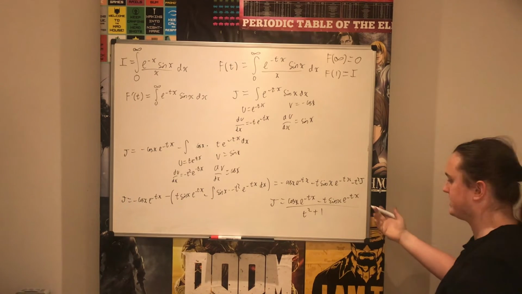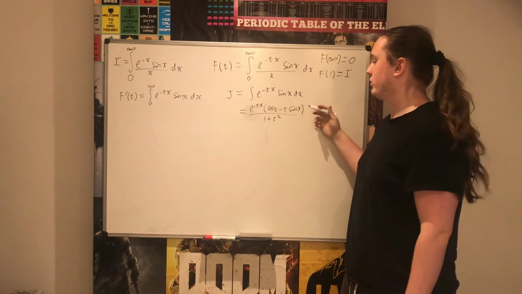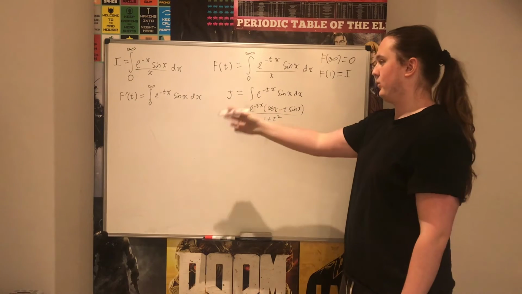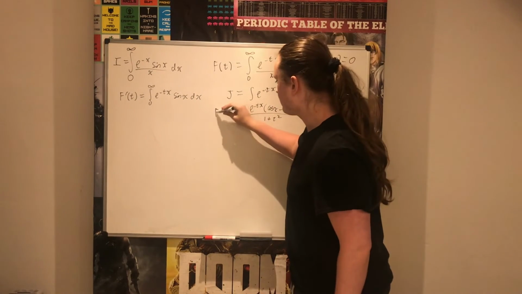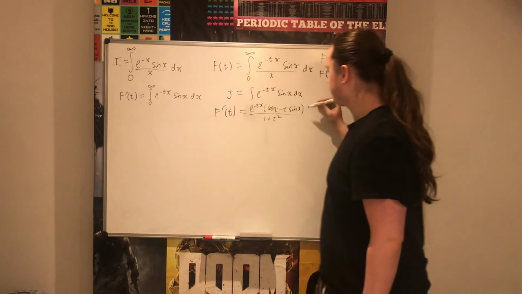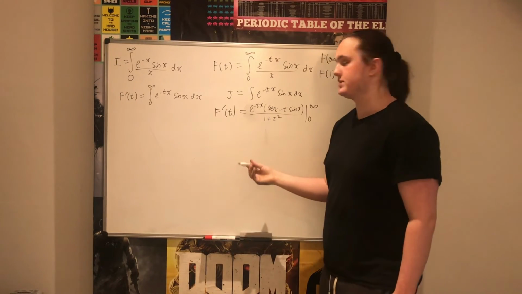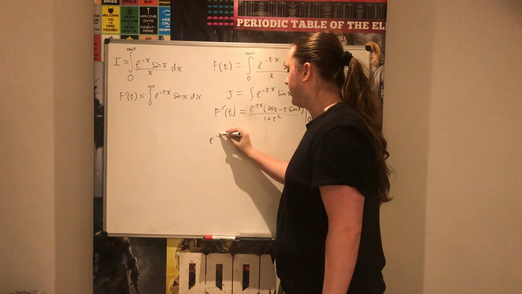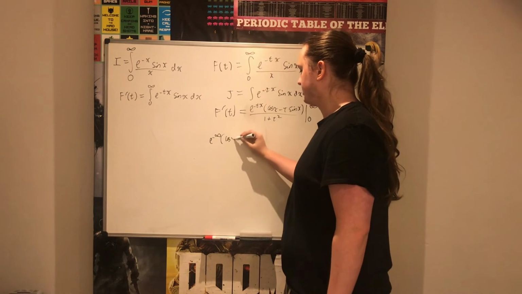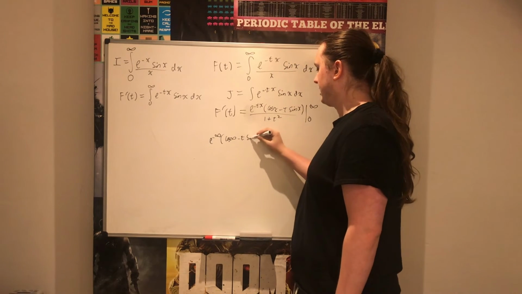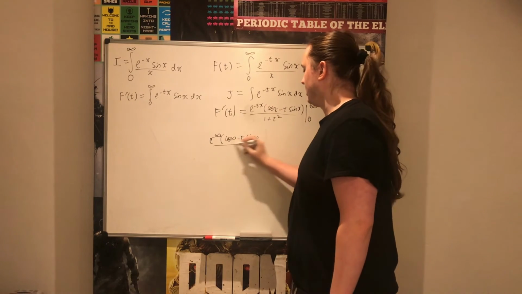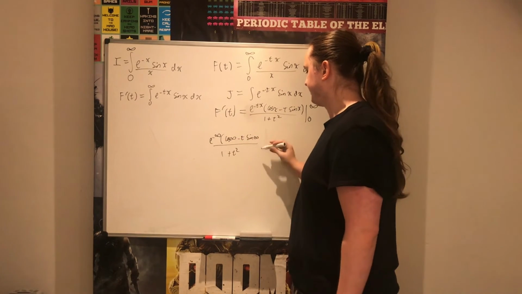So now I'll clear some space again. So now we've worked out what J is, we just want to work out what f prime of t is, which is just going to be this bounded from 0 to infinity. So when we plug infinity into here, we get e to the minus infinity cos of infinity minus t sine of infinity over 1 plus t squared.